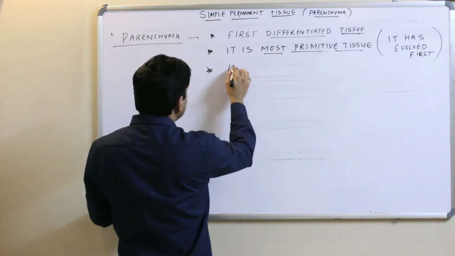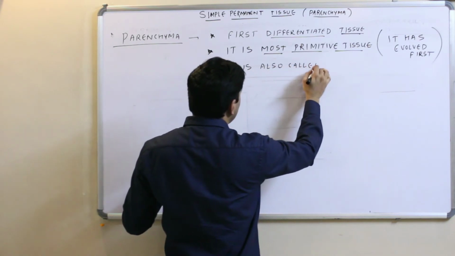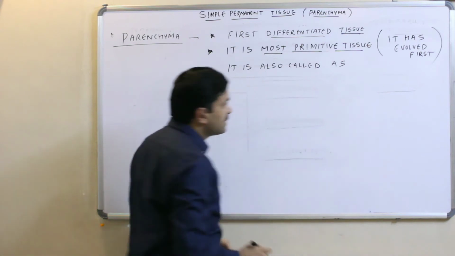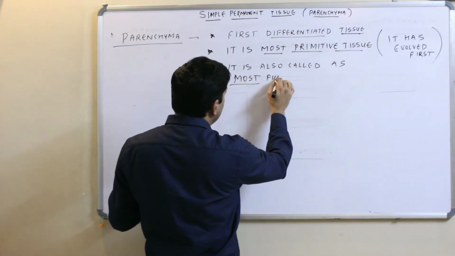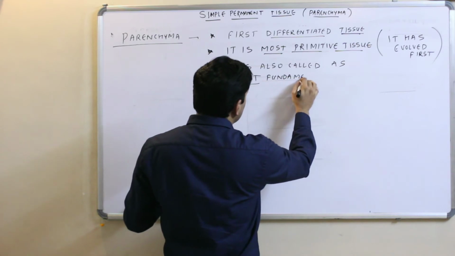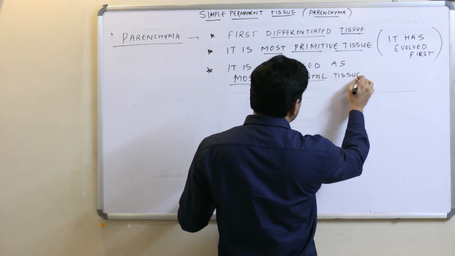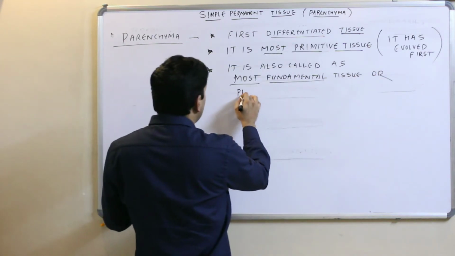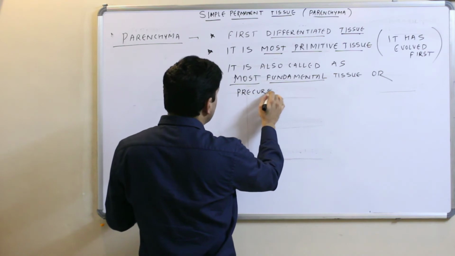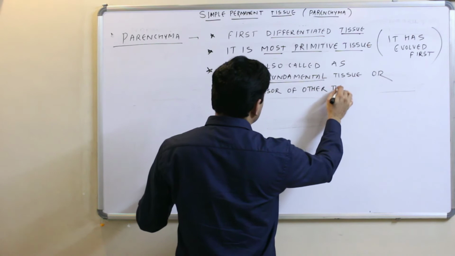Now, it is also called the most fundamental tissue. Why is it called the most fundamental tissue, or precursor of other tissues?